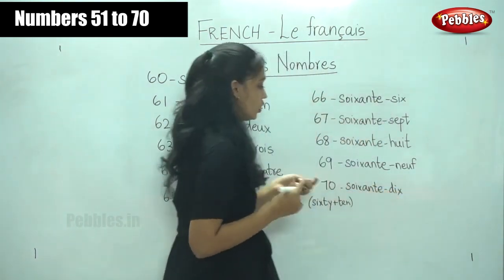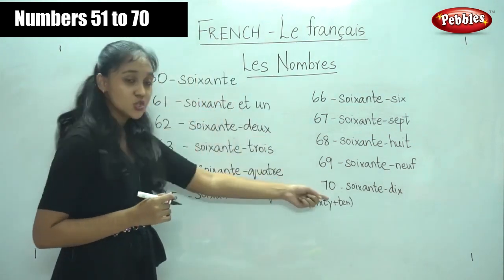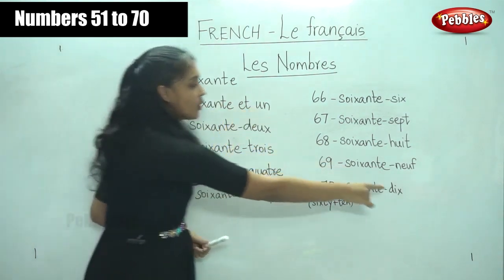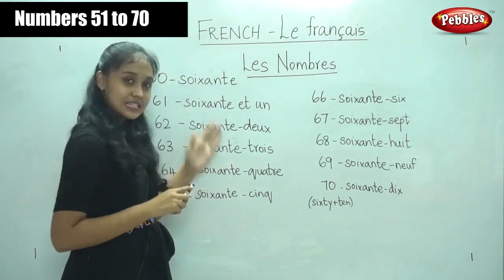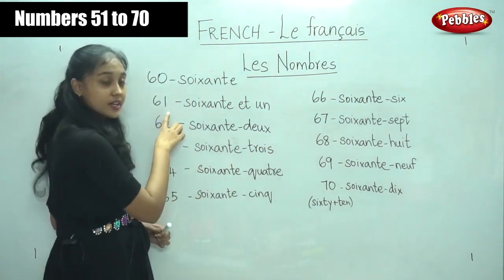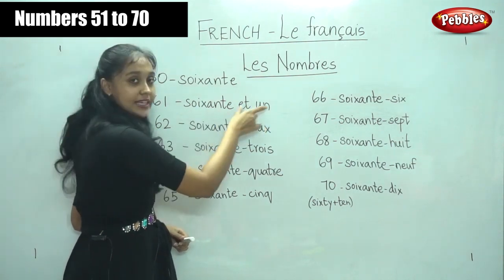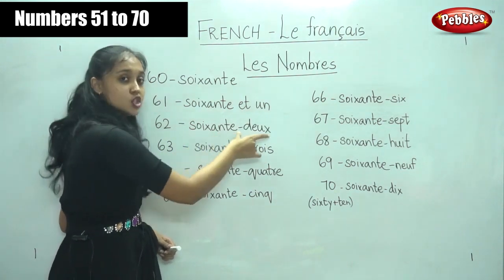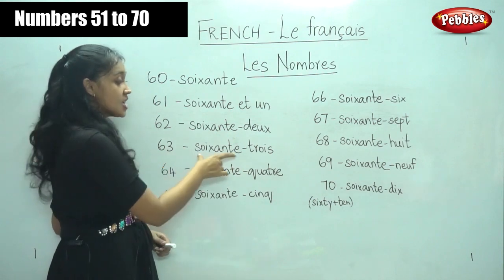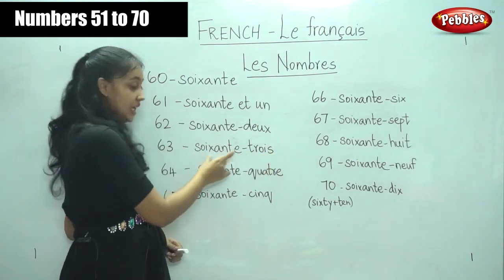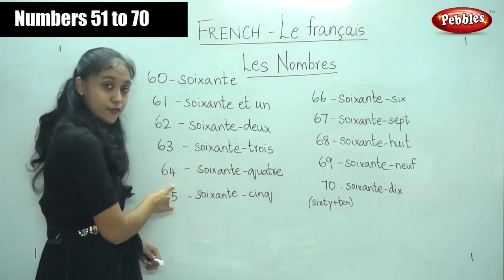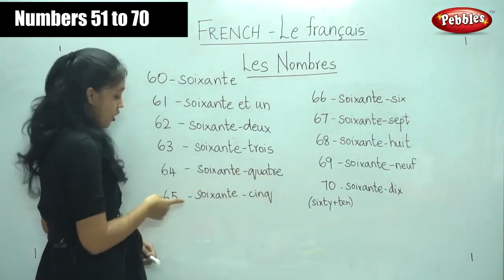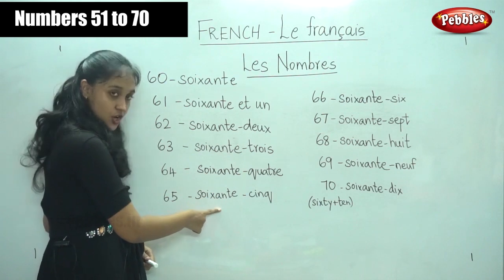So for numbers 61 to 70, you just have to know the word for 60 and numbers 1 to 10 in French. So shall we say this once again? 61. 62. For 63 it is 63. For 64 it is 64. For 65 it is 65.